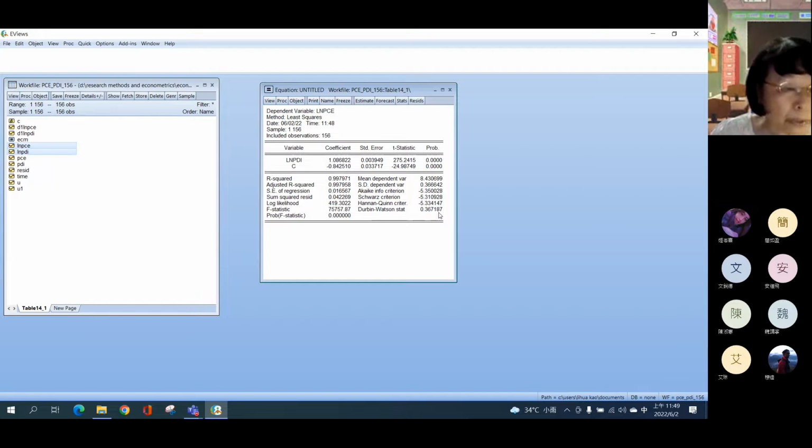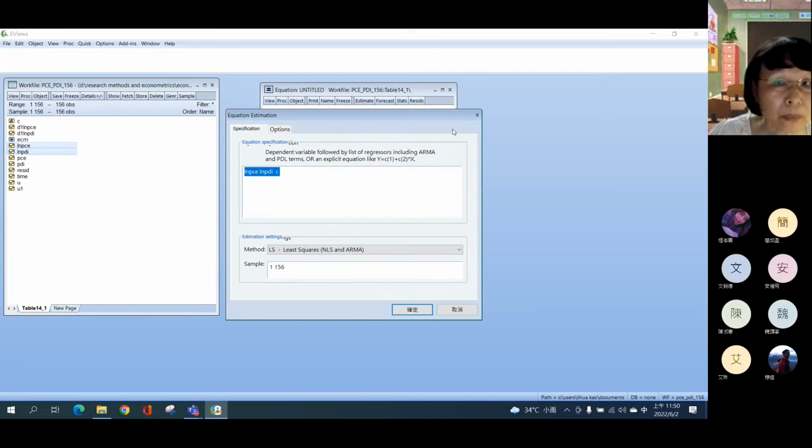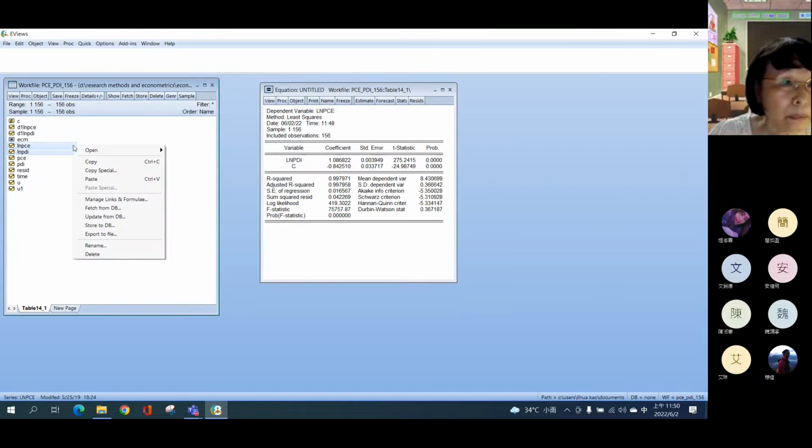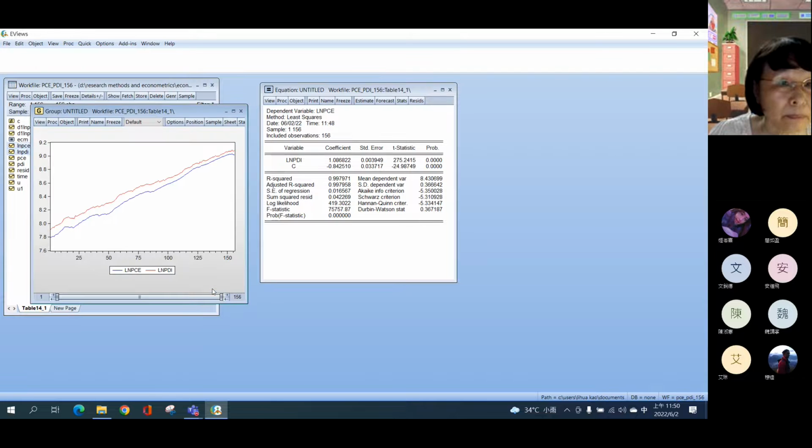And I think we already saw the graph of LMPCE and LMPDI. I'm sorry, let me open this again. Didn't we see this graph before?